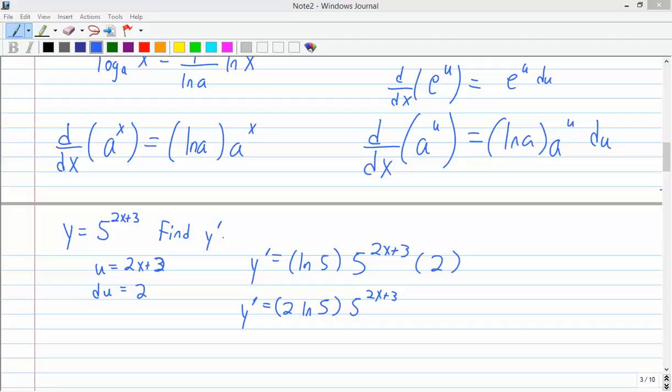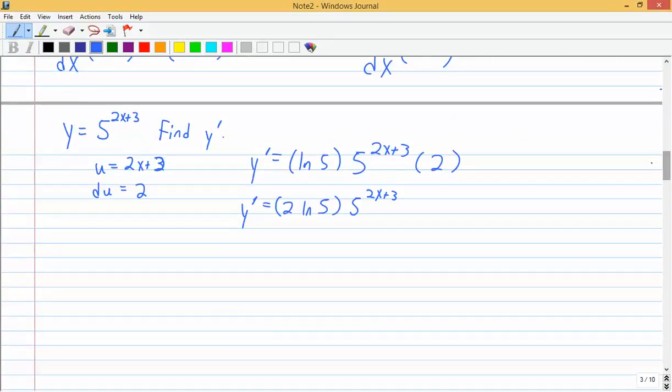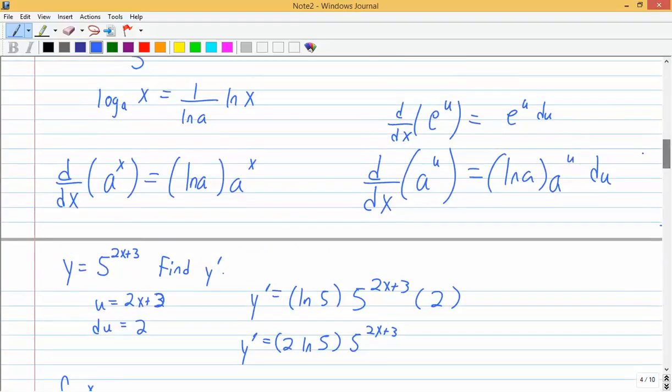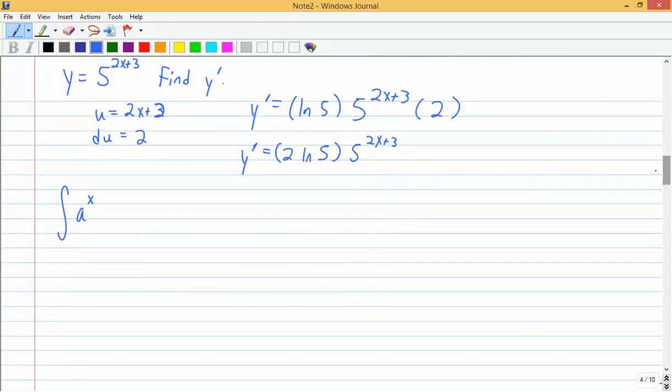Alright. The integral, think about it, goes backwards very similarly. The integral of a to the x, instead of having this natural log of a that you multiply in front when you take a derivative, you have a 1 over natural log of a, and that's times a to the x plus c.